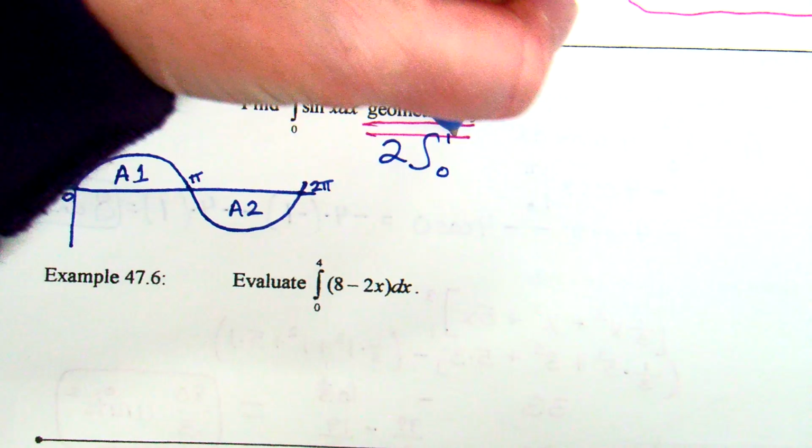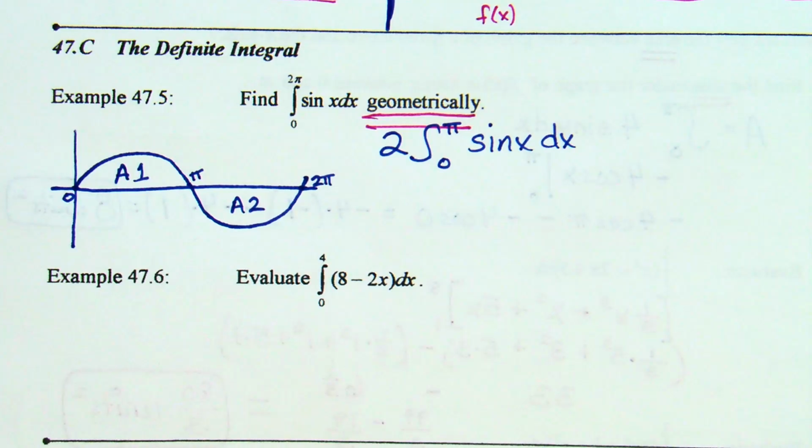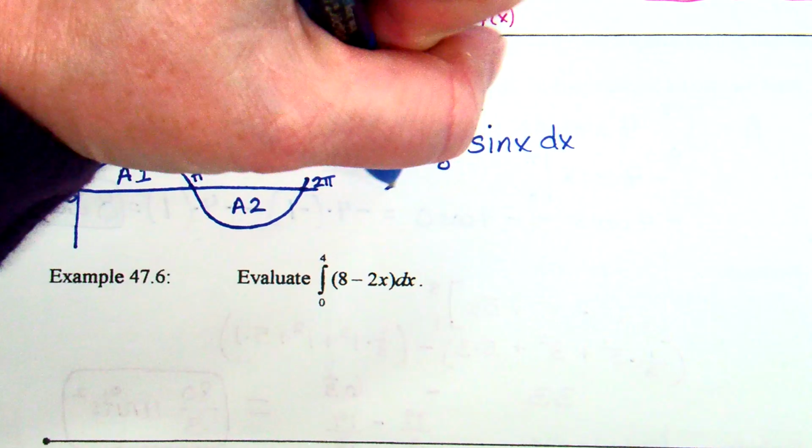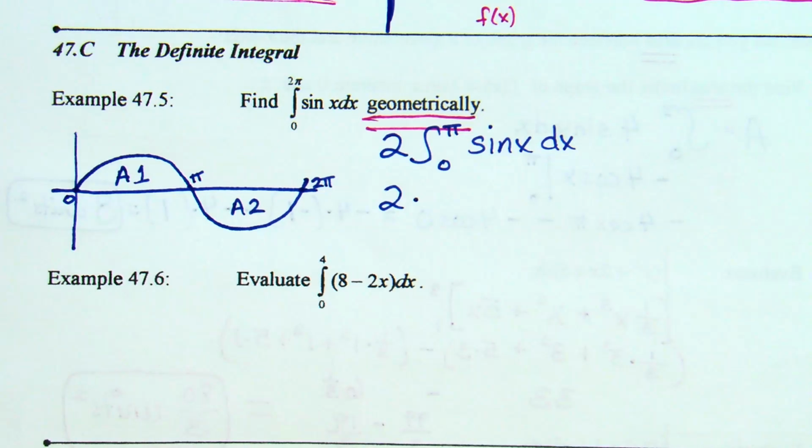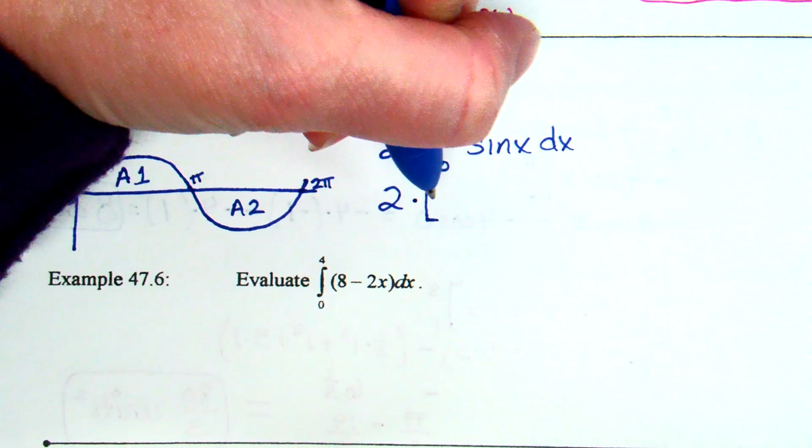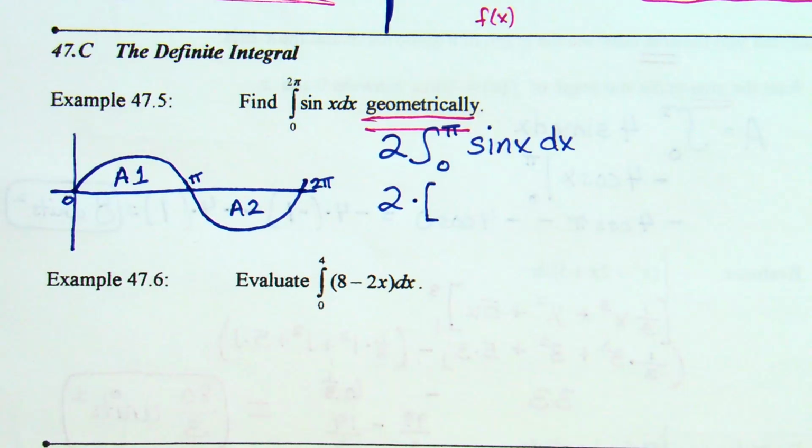And again, this is because it says find it geometrically. If it just asks what the value is, we'd just work it normally. But it's not asking for the value. Essentially, they're asking for what is the area. Okay? So, 2 times, what's the integral of sine? What do you say? Cosine. Cosine?